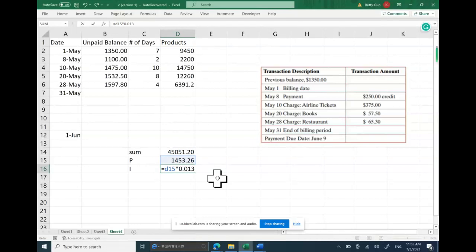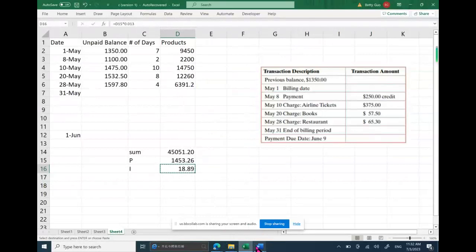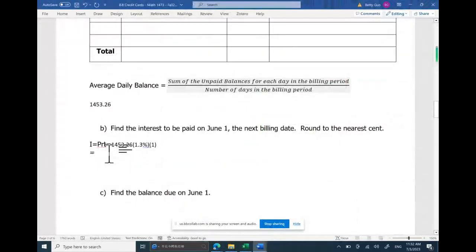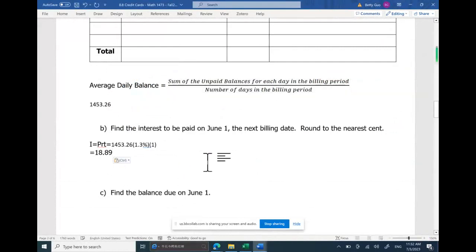It's just one way to process those numbers. You can totally use your calculator. So I got $18.89. So that's the interest to be paid because you did not pay back on time. You get a punishment.